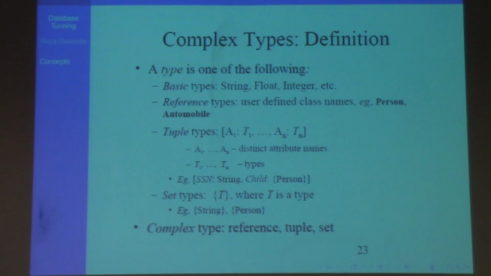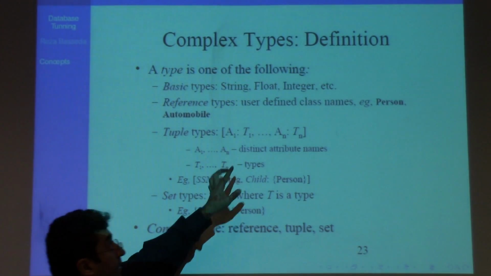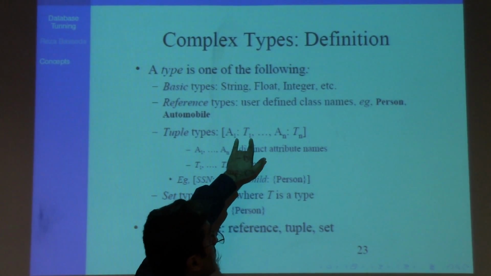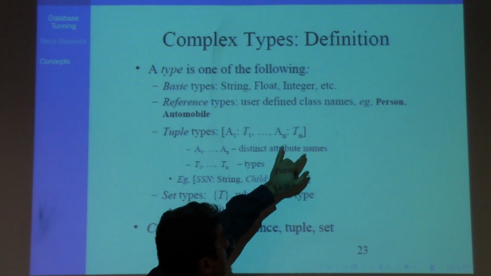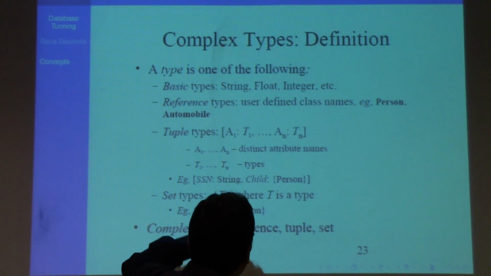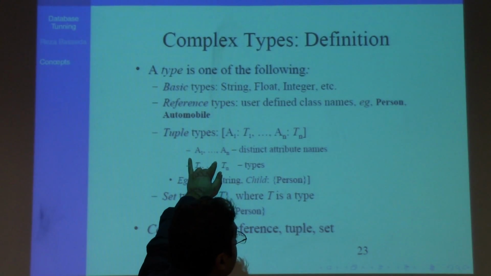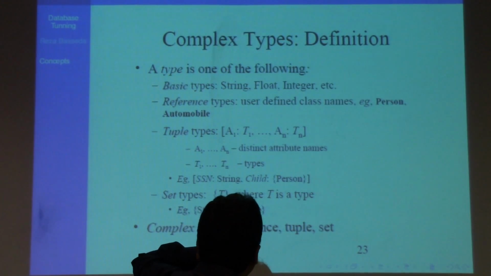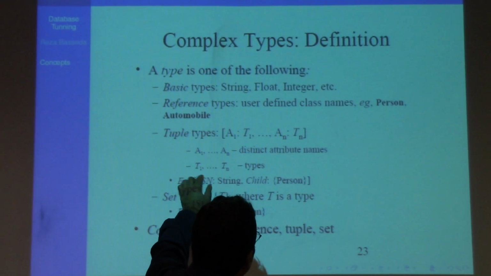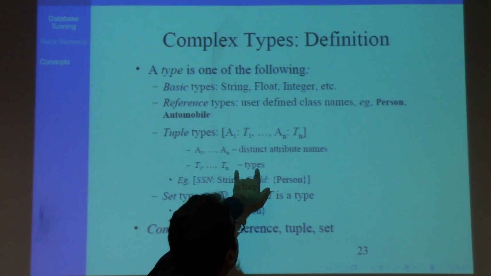It can reference another object, like user-defined types. Or it can be tuples, like this: attribute 1, type 1, through attribute n, type n, where the attributes are distinct attribute names, and types are also again types.